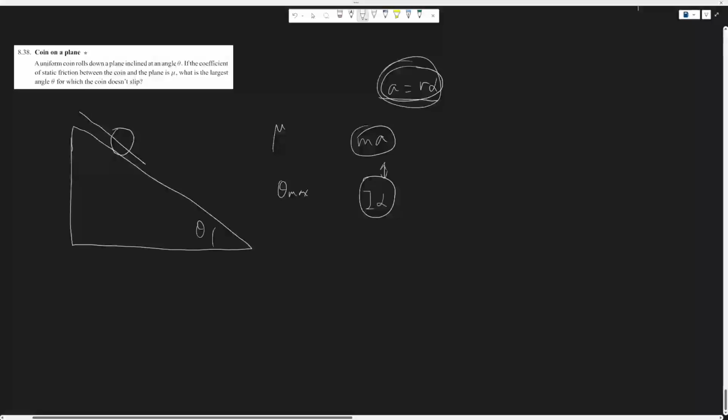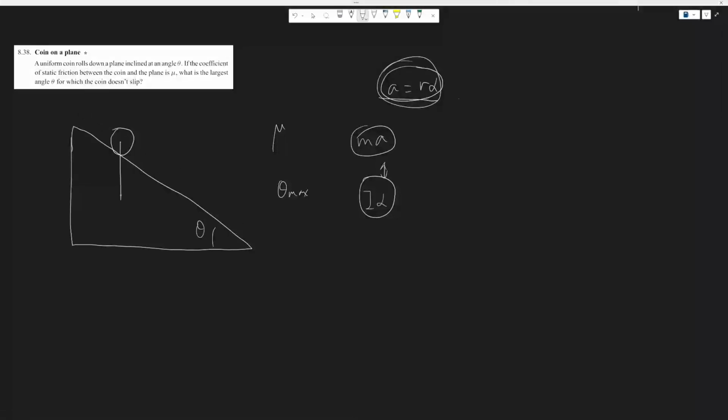Why don't we analyze accelerations along the plane? The coin experiences gravity, a normal force, and friction. Along the plane, we have mg sine theta, because this is theta.